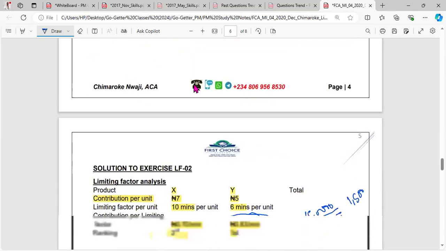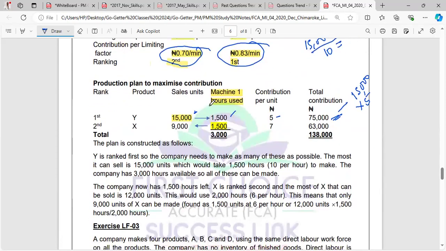Now you ask yourself, how many can you do? So you can see the arrow here. The arrow is pointing forward when we are doing X, and when we are doing Y. But now it's going to be pointing backwards when we are doing X. We already know our contribution at 7 naira, it was given to us.